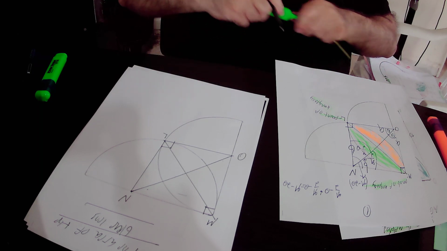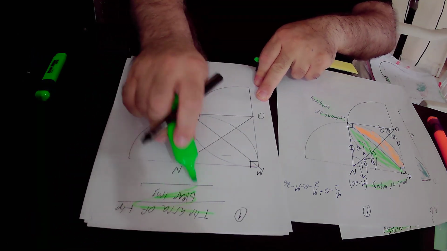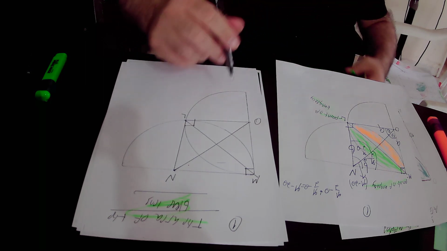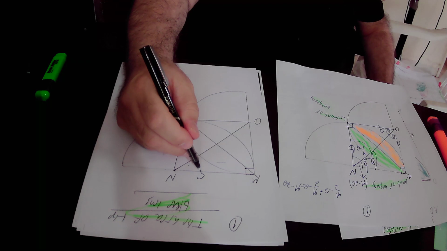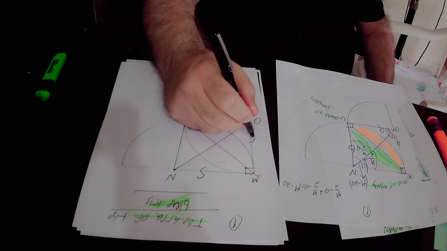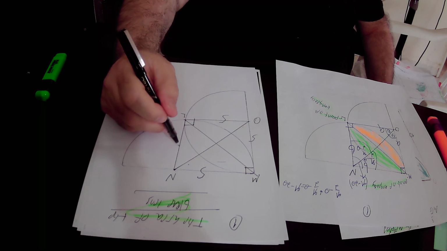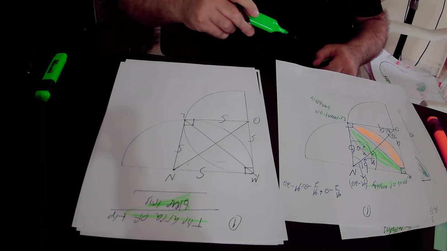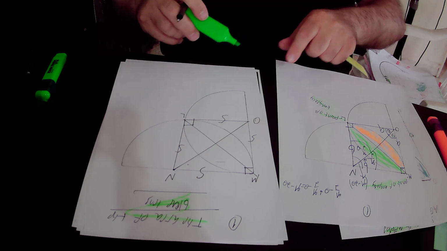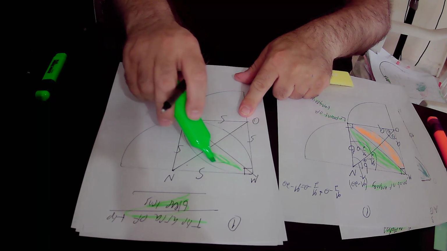The area of this blue lens, here MN equals 5 units, MO equals 5 units, NO equals 5 units, and NL equals 5 units. So we will find the area of this circular segment.